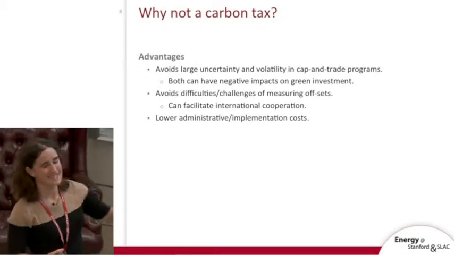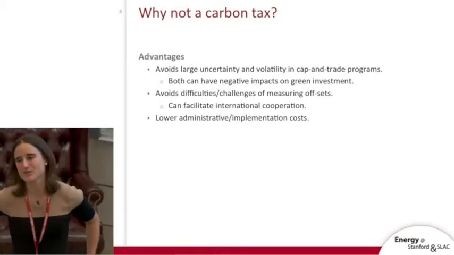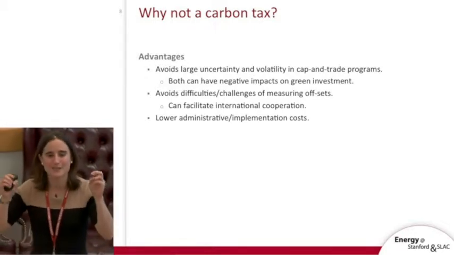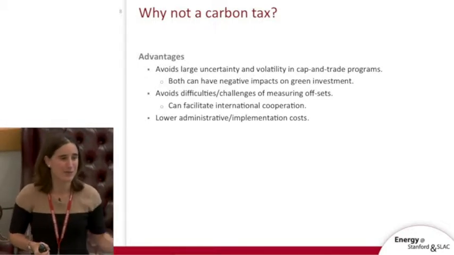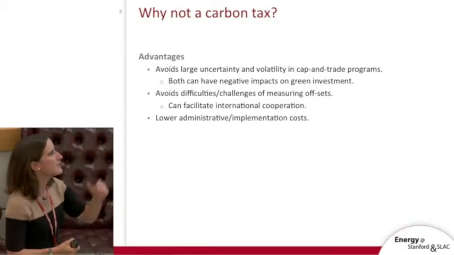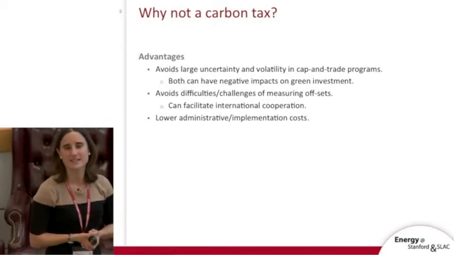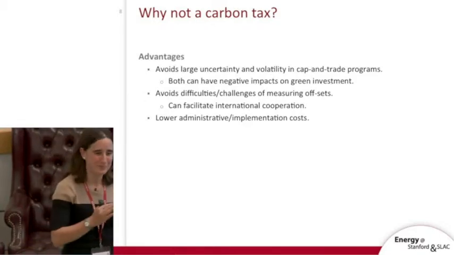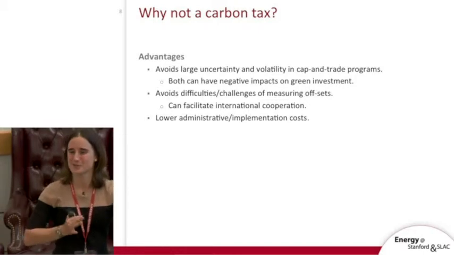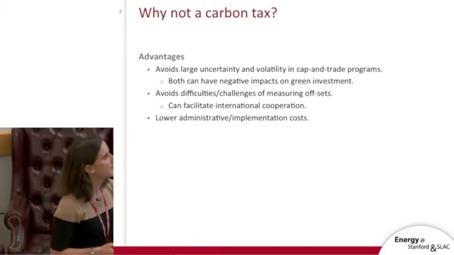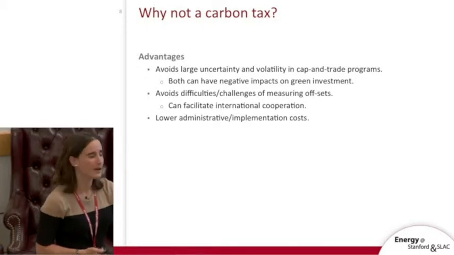Those things will relax the cap. And in many programs, those offsets have actually made the cap-and-trade program too soft, okay? Because the effective cap with all these offsets has become very, very soft. Okay, so the one thing about taxing is that you only have to make sure you tax emissions. You don't need to assess what is a reduction or what is not an offset. Okay, potentially it can also have lower implementation costs.